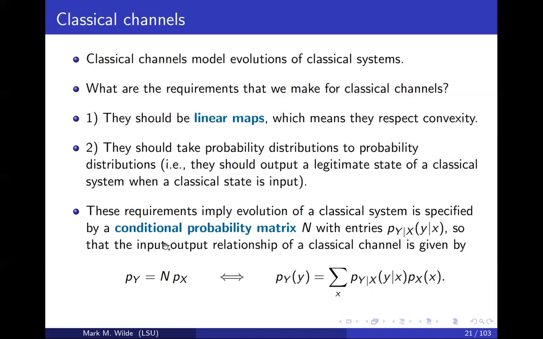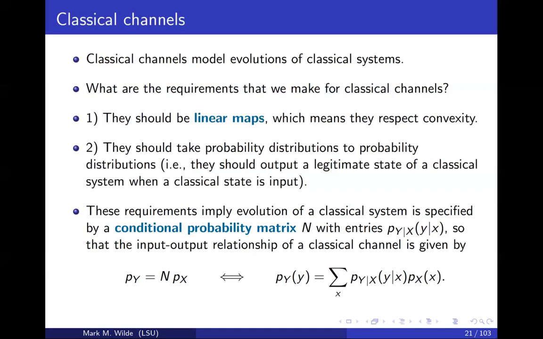And then the input-output relationship is given by a matrix equation, right? So a matrix-vector equation. This is a column vector, this is a matrix, this is a column vector. And that's the same as writing things out in the index notation, right? So the output probability distribution is given by the matrix-vector product of the channel matrix with the input probability distribution vector.